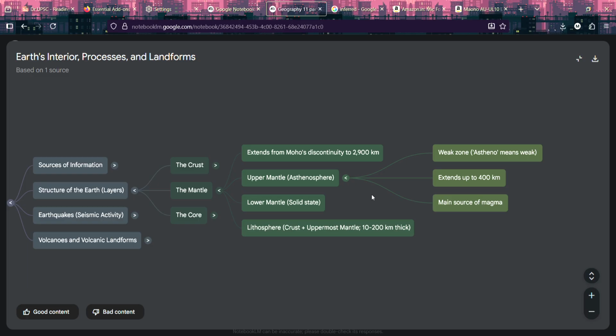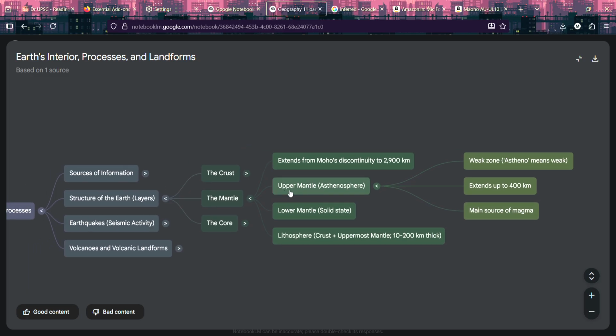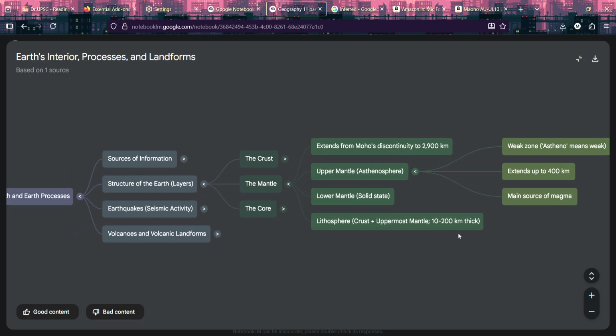And the second layer, just below it, is in solid state. The question which was there in the book, in the multiple choice questions: what is the lithosphere made of?